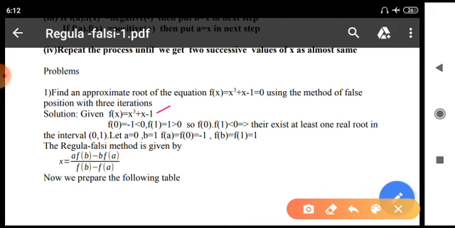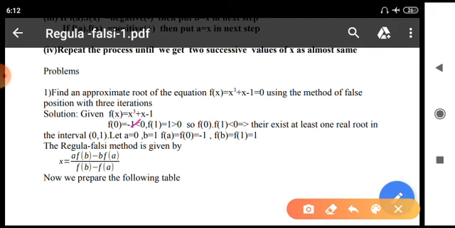So first, we start with the trial and error method. First we start with 0. If you put 0 in this equation, what you get is 0 plus 0 minus 1, which is less than 0. Then I will put x value as 1.